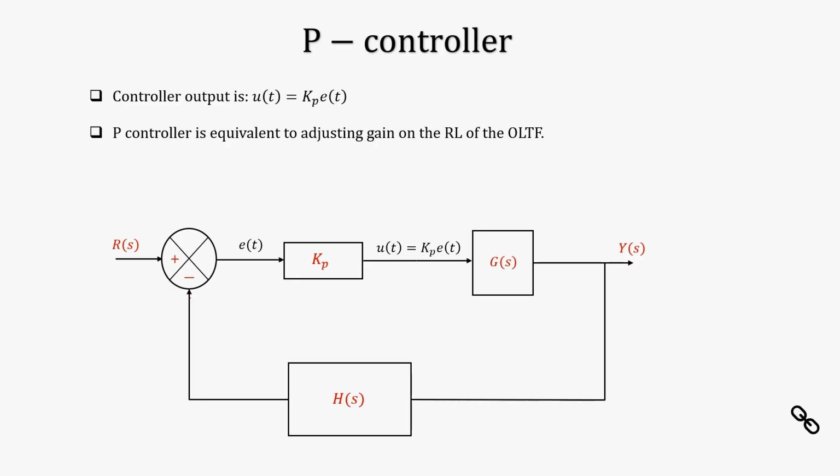In root locus, the k value which you change from 0 to infinity is nothing but the designing of a P controller. If you change the k value such that you are at the point on the root locus which is the desired pole location, and you find the k value at that point, that is the value of your Kp.